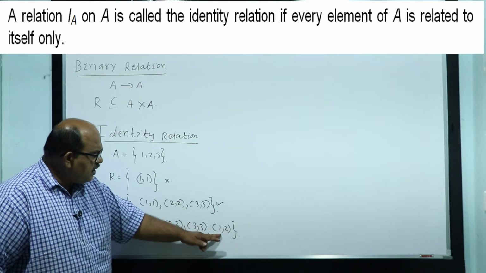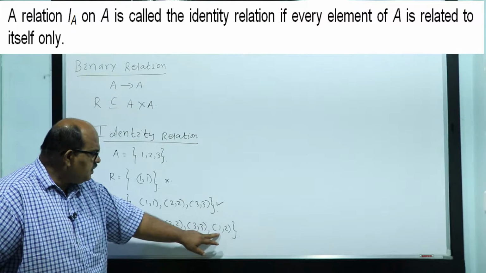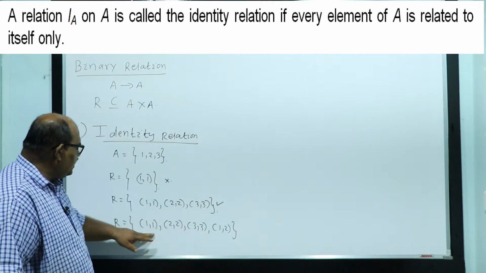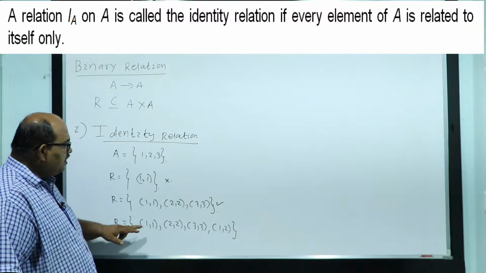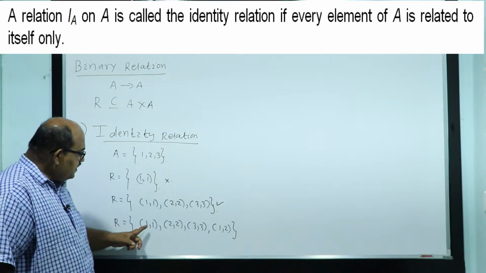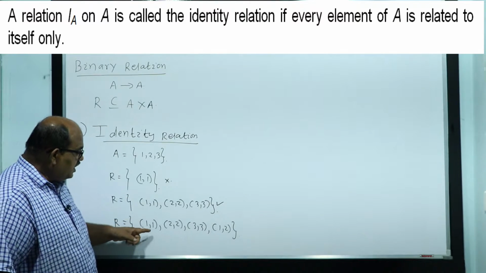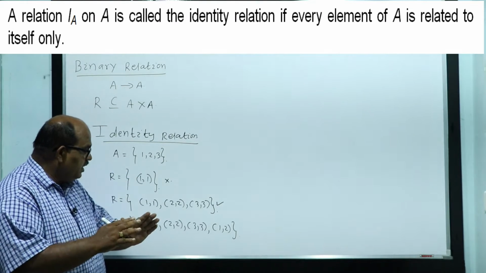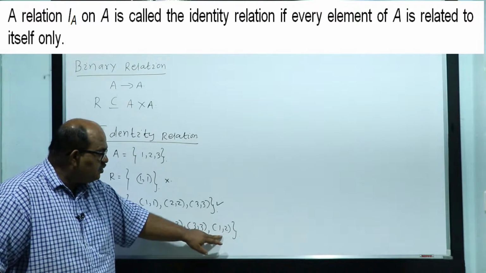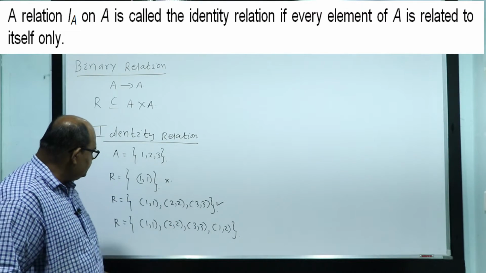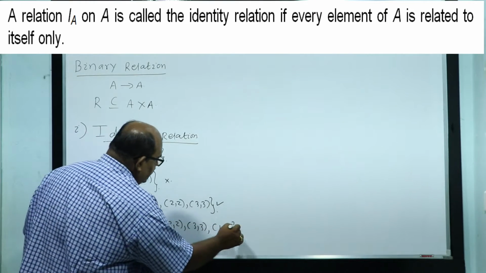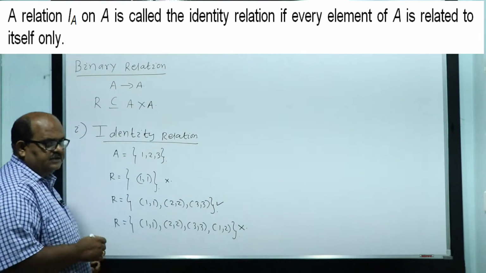Now this is extra (1, 2). If the extra (1, 2) is present, then it cannot be an identity relation, because in the definition it is every element of set A should be related to itself only. Means no extra element should be present. If an extra element is present, then it cannot be an identity relation.